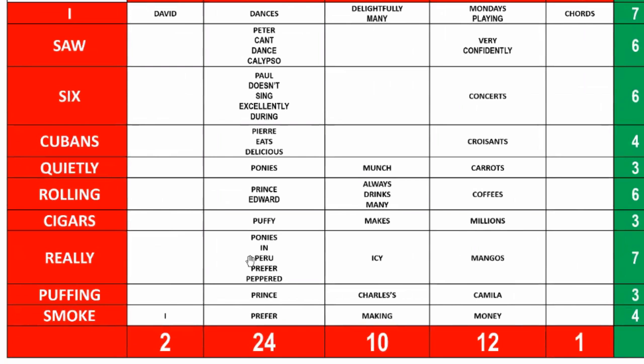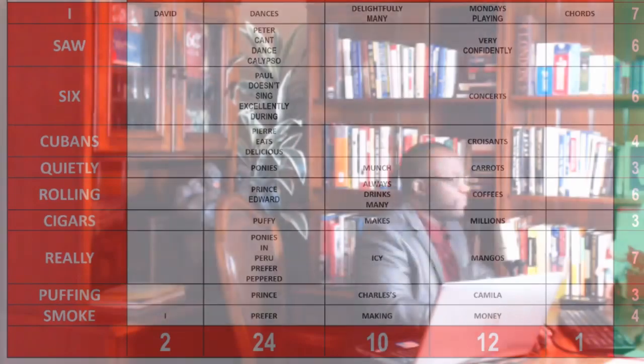That's just a goofy mnemonic, but I've got all sorts of variants for those folks who need mnemonics to get this stuff down. So: ponies in Peru prefer peppered icy mangoes. That is quite a visual.